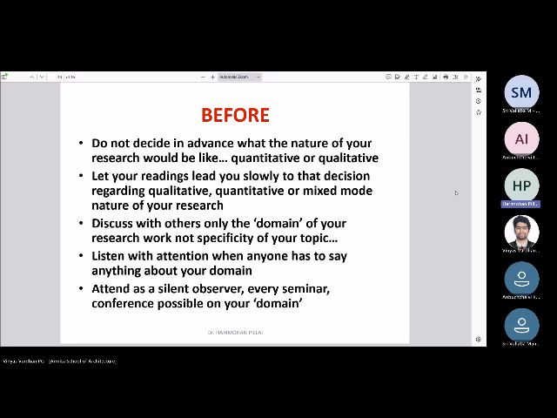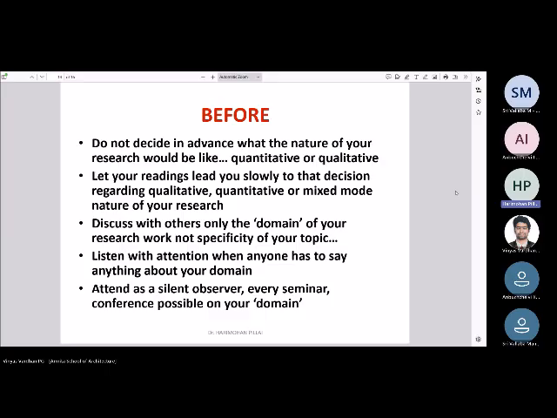They give up researching and they say, "Ki, mere bas ka baat nahi hai," and they continue with whatever they were doing. But that is a defeatist attitude. I mean, you should not accept defeat right in the beginning. Here, the real system starts. After you have done all this work till now, what I mentioned, do not decide in advance what the nature of your research would be like, whether it should be quantitative or qualitative.